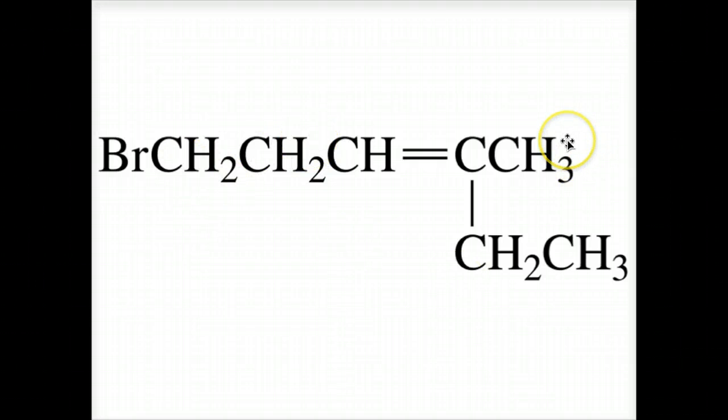We have a methyl group right here. We have a bromo group right here. B comes before M in the alphabet, so we're going to try to get the lowest number on the bromo group, as you can see. So 1, 2, 3, 4. So it'd be 1-bromo-4-methyl-3-hexene is this compound.